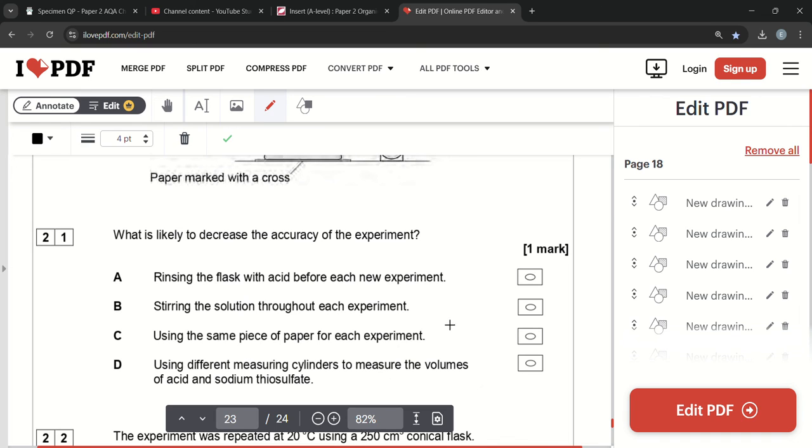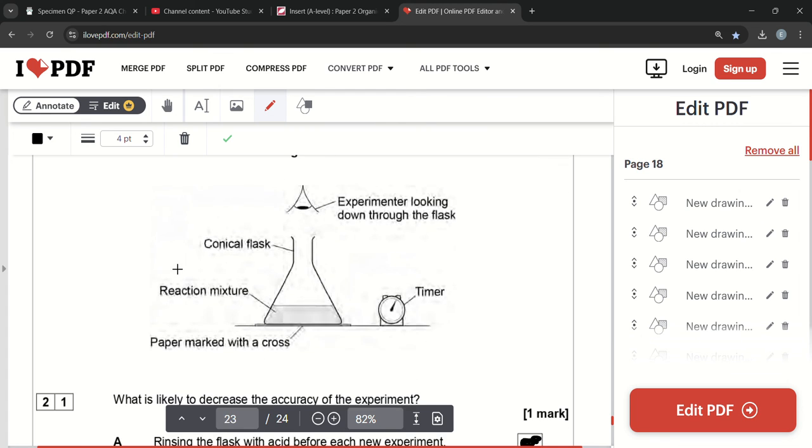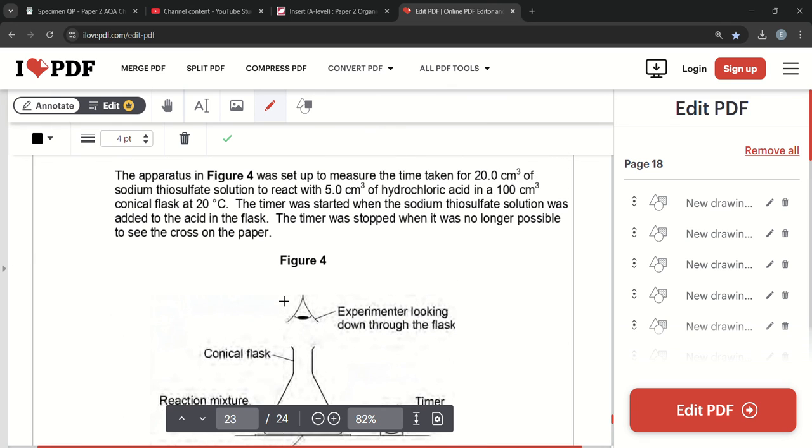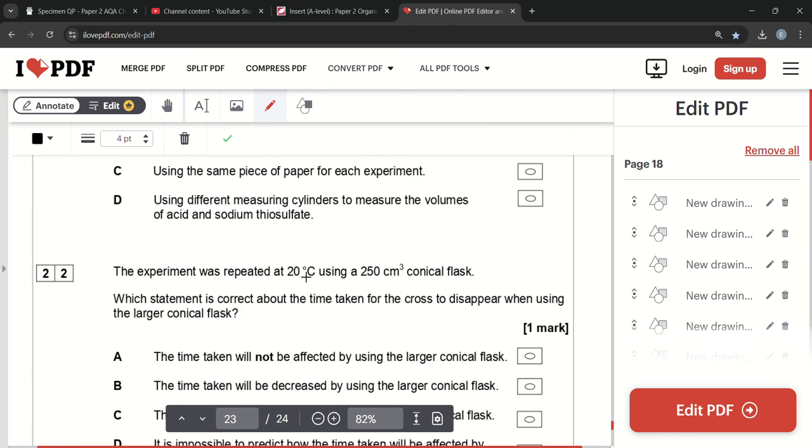It's got to be A. The experiment measures the time taken for the sodium thiosulfate reaction with HCl. Timing started when sodium thiosulfate was added to the flask, and stops when it's no longer possible to see across the paper. So if we rinse the flask with acid before each new experiment, that's going to decrease the accuracy of the experiment.